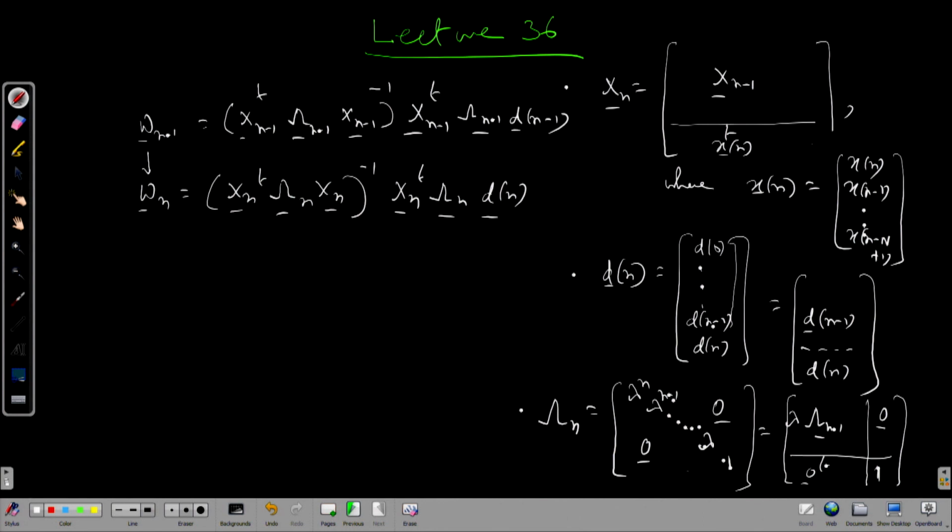So, from W n minus 1, we must generate W n recursively by a simple update equation.